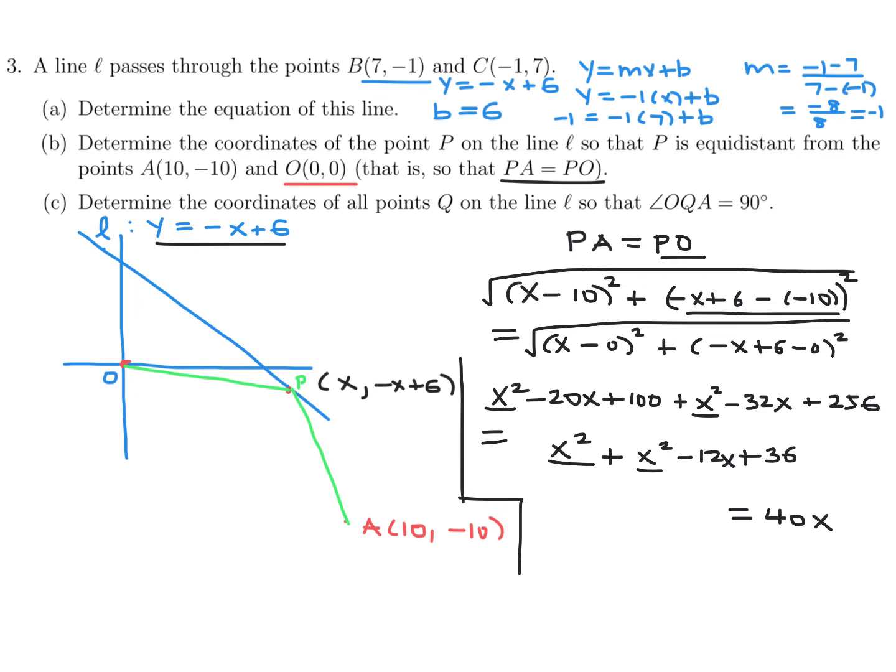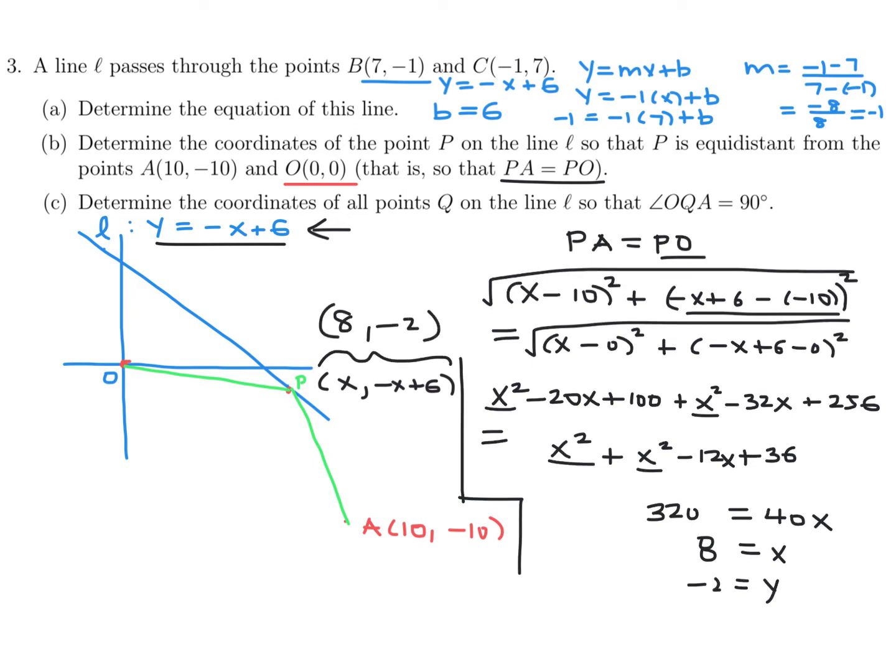On the other side it'll be 356 minus 36, so 320. Therefore x would be 8. To get the y value, we substitute back into this equation: minus 8 plus 6 is minus 2. So the coordinates of P are (8, -2).